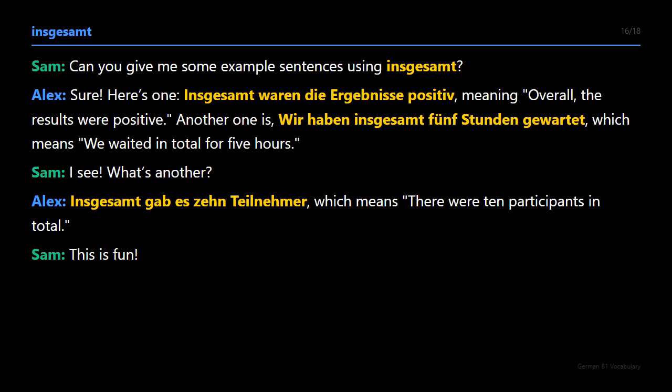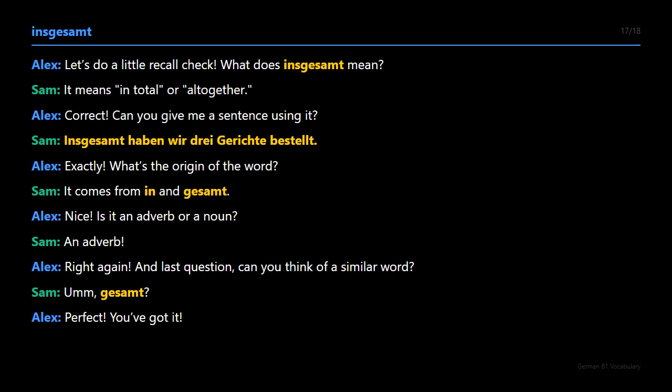This is fun. Let's do a little recall check. What does insgesamt mean? It means in total or altogether. Correct. Can you give me a sentence using it? Insgesamt haben wir 3 Gerichte bestellt.